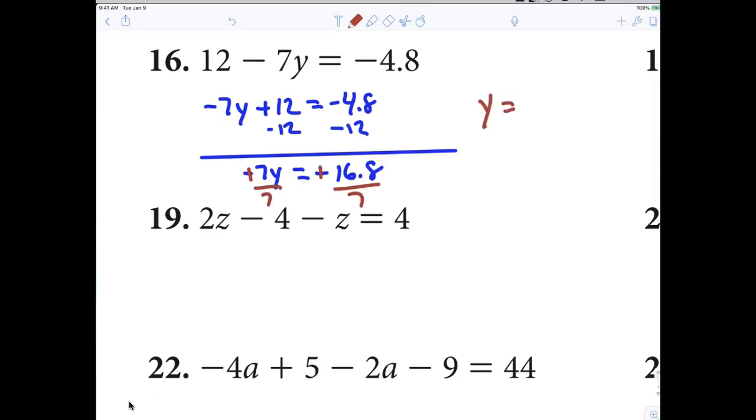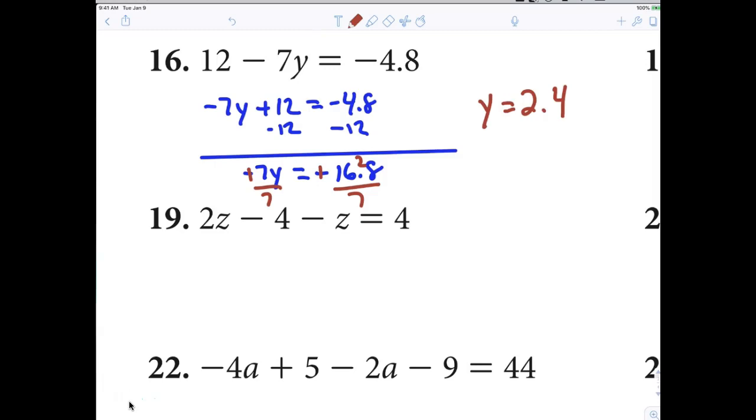So y is equal to. Now, do I move the decimal on this? No, you do not move the decimal. So 7 goes into 16 how many times? 2 times, with a 2 left over. 7 goes into 28 4 times. That's right. So my answer is 2.4. Anybody have any issues with that?